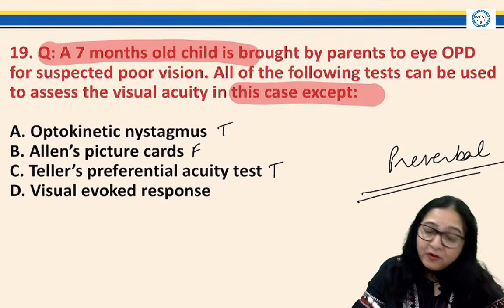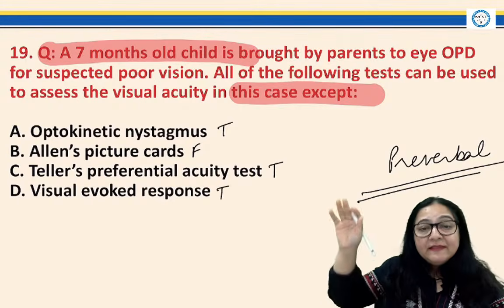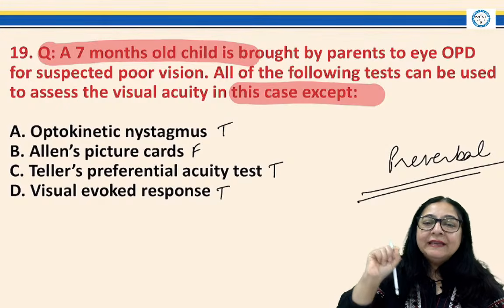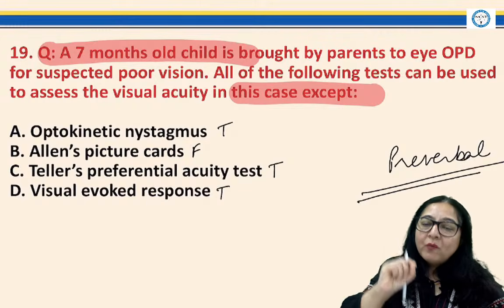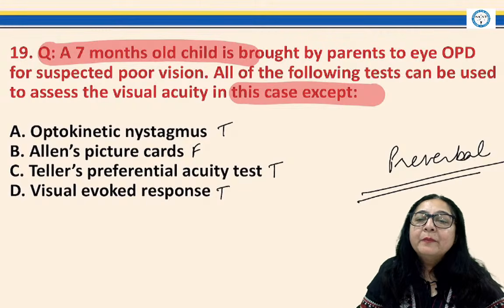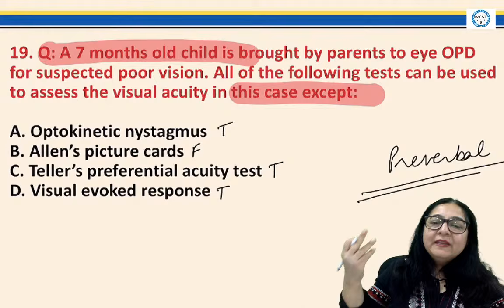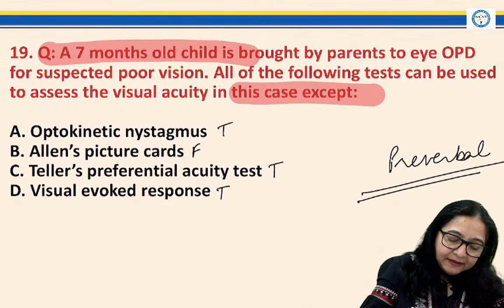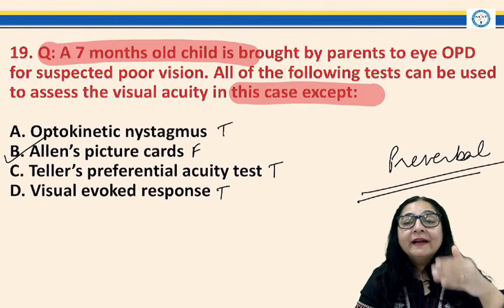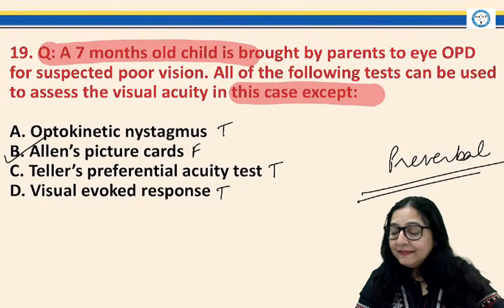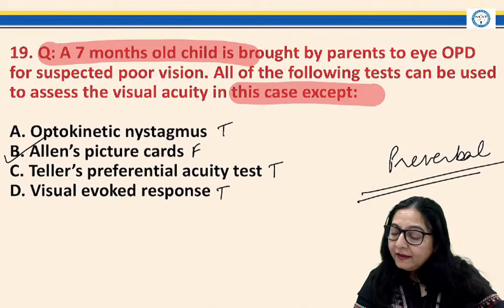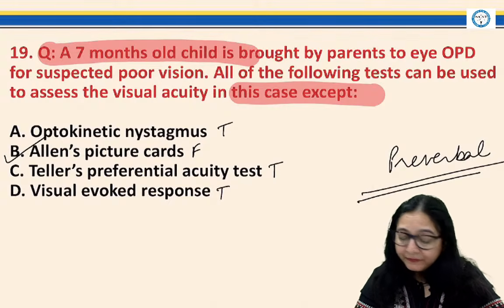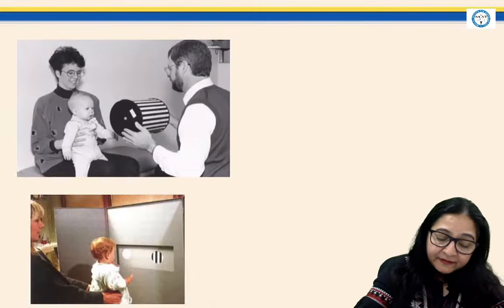Visual evoked response, yes, that can be done, because these are the 3 main tests which we do for testing visual acuity in the age group of less than 1 year, which is considered a pre-verbal age. So using picture cards or charts is not going to be a correct method of assessment in this age group, beta. ठीक है, right? नहीं, C नहीं बेटा, C नहीं, Allen's picture cards. Teller's preferential acuity test में क्या करते हैं?